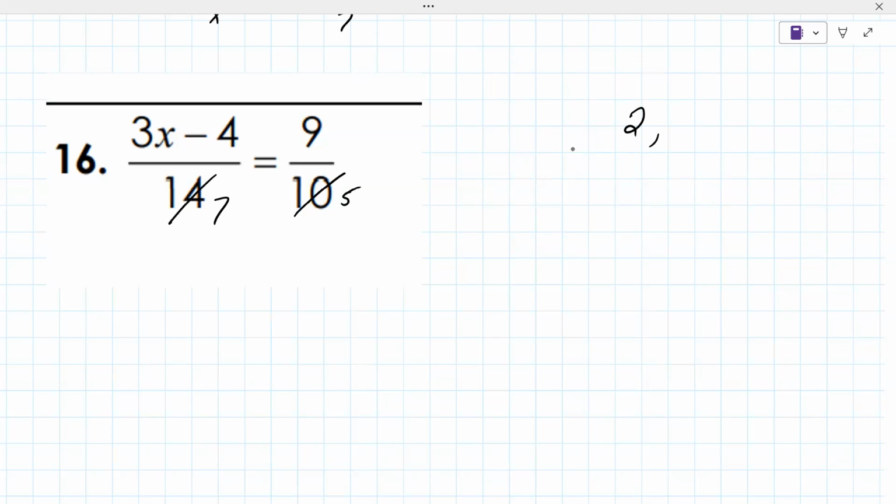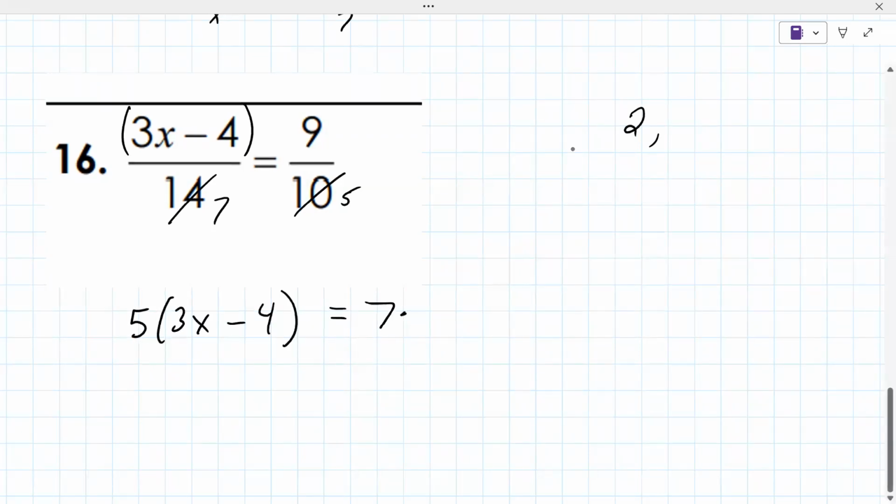So take the problem from here. You're going to cross multiply. You treat that 3x minus 4 like it's in parentheses. 83 over 15.